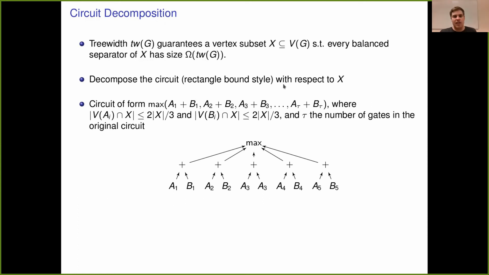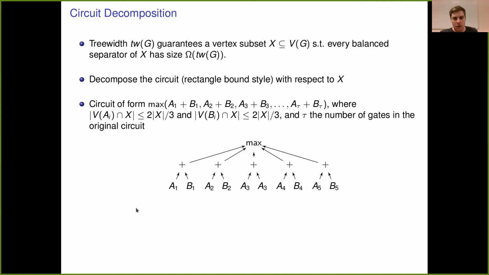Normally this is done with respect to all inputs, but now we do it only with respect to this set X. Basically, in this technique, we take any ambiguous circuit with tau gates, and we turn it into a circuit of the form sum of AI times BI, for I from 1 to tau.